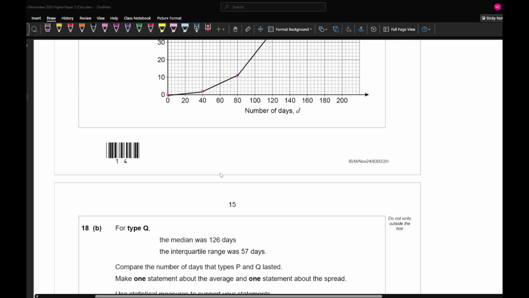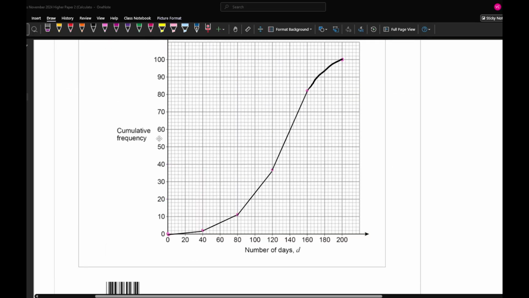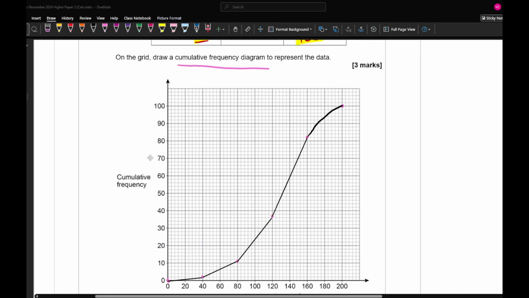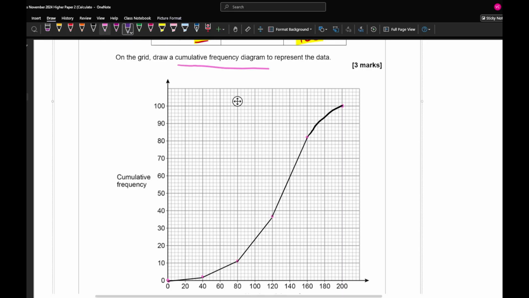So what I need to do is go back to my cumulative frequency diagram, and work out the median and the interquartile range for the type P battery. So the median is going to be the total divided by 2, which is 50.